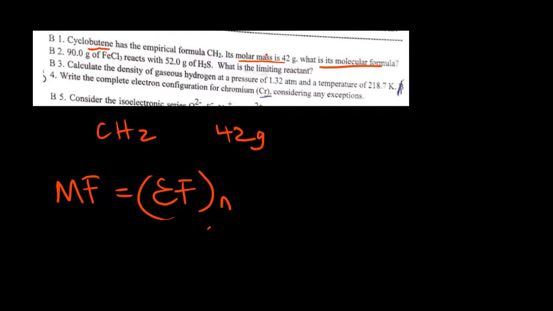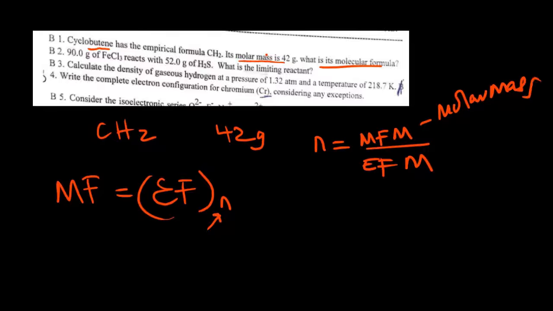This n is the factor that you find by dividing the molecular formula mass by the empirical formula mass. So where do we get this molecular formula mass? The molecular formula mass is the same as the molar mass.